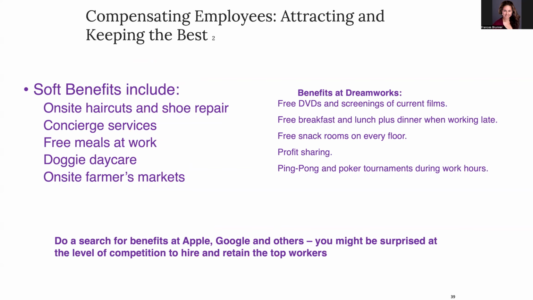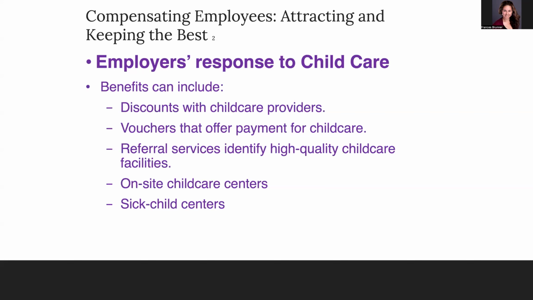Childcare can be extremely expensive, especially if you want to have on-site childcare at your company. Some ways that companies have gone around having childcare centers would be offering discounts or vouchers for childcare programs, or referring to specific facilities where the employee can get a special rate.